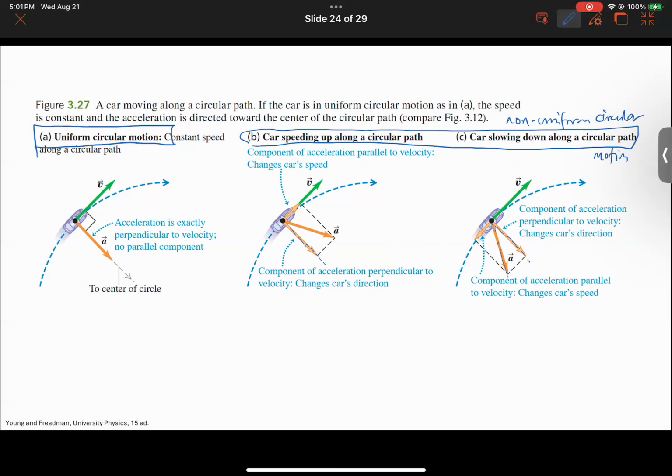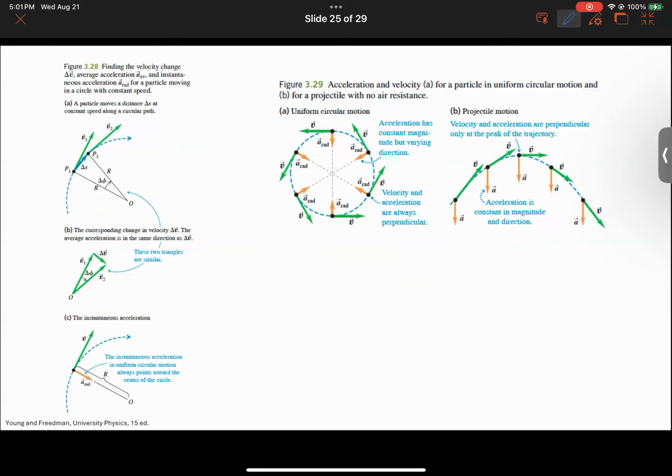Pag uniform circular motion, ganito yung nangyayari. Same na yung V1 at saka yung V2. Itong V1 at itong V2 ay same yung magnitude kasi same speed, pero yung direction nila magkaiba. Which means na ang delta V will be in the direction of the radial line.